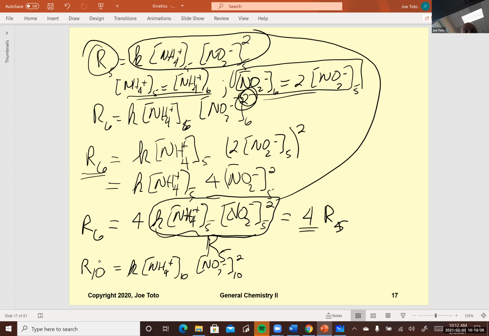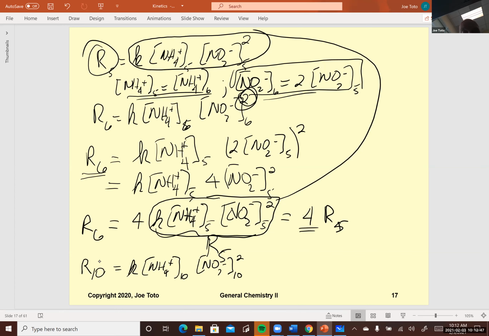We're going to triple that compared to case 5. How is that going to change the rate of 10 compared to 5? I think that's what you want to know, right? Yeah. We're going to use the equation to predict the change now.